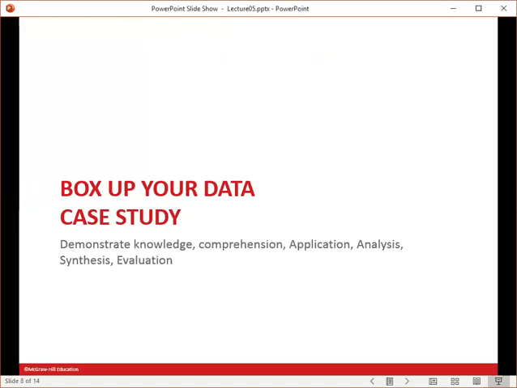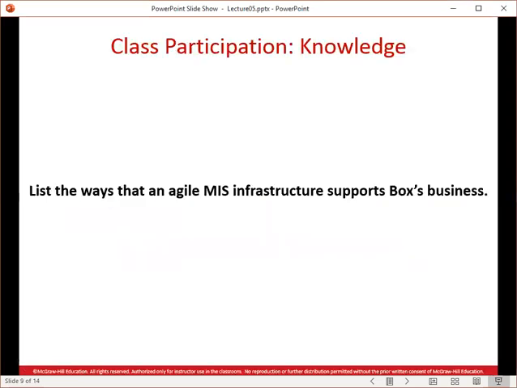And of course, they follow the Bloom's taxonomy: knowledge, comprehension, application, and analysis, synthesis, and so on. So take about 15 minutes or so, and we'll get back and go over this. Okay, let's go ahead, start the review here.